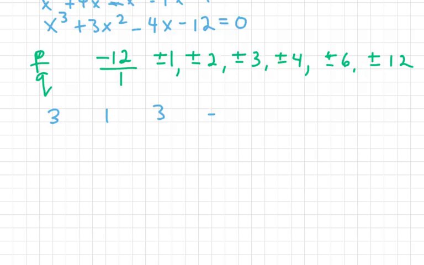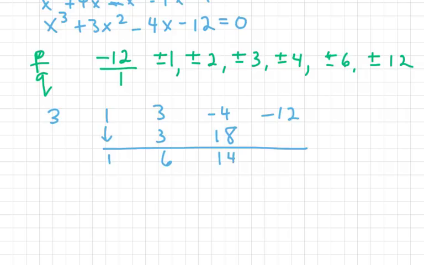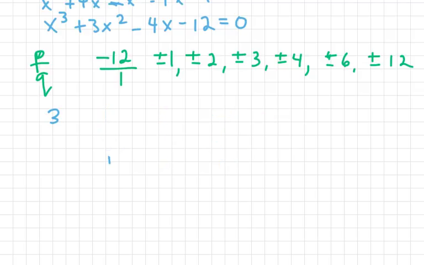I think I added something wrong. All right, 1 times 3 is 3. 3 and 3 is 6. 3 times 6 is 18. Negative 4 and 18 is 14, and we're not going to get a 0 there. So let's try again. Let's try with a 2. See where we get with that.